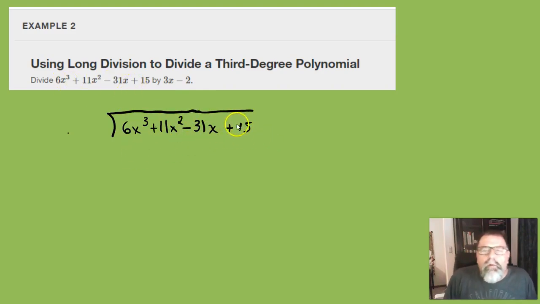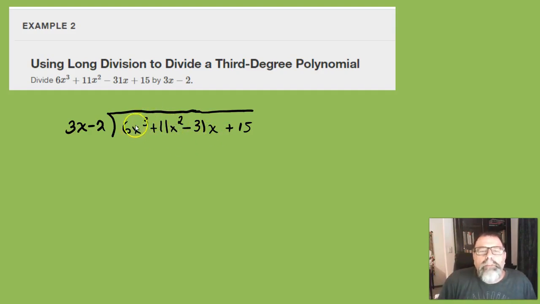It's a good habit to put zeros in for any missing terms. So if I had 6x cubed minus 31x plus 15, then I'd put a 0 in the x squared column as a placeholder. It's not necessarily required, it just makes it a little easier for lining up the degrees.